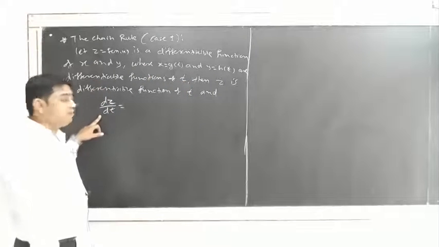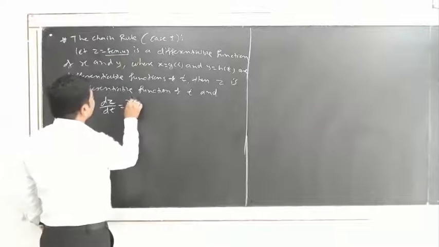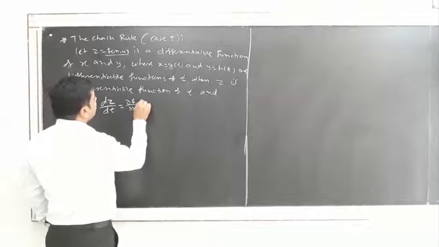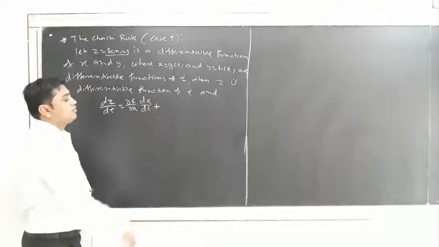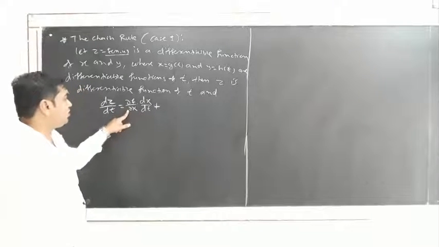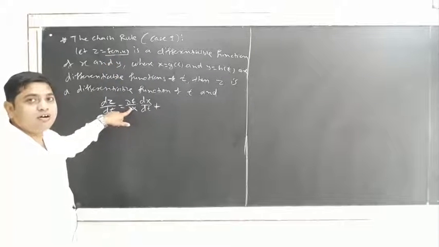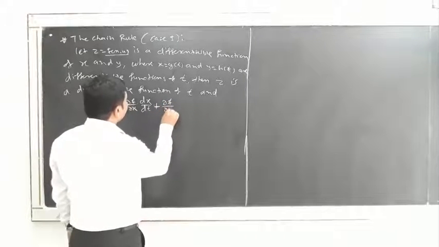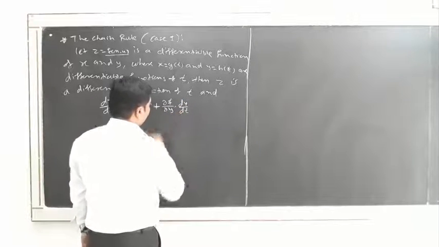Therefore we write dz by dt is equal to, now f is a function of two variables, so ∂f by ∂x into dx by dt. Why d here? Because x is a function of one variable, t. If f is a function of two or more variables, then we write ∂, partial derivatives, and otherwise ordinary derivatives. So plus ∂f by ∂y into dy by dt.